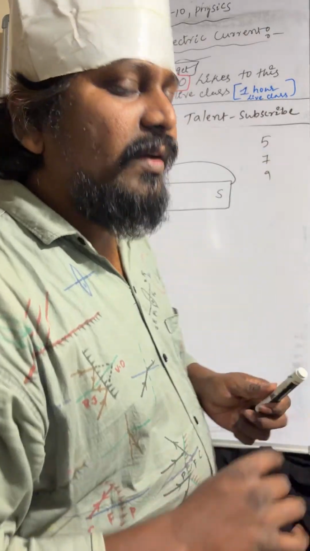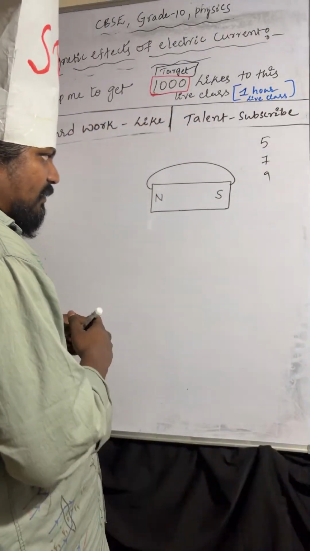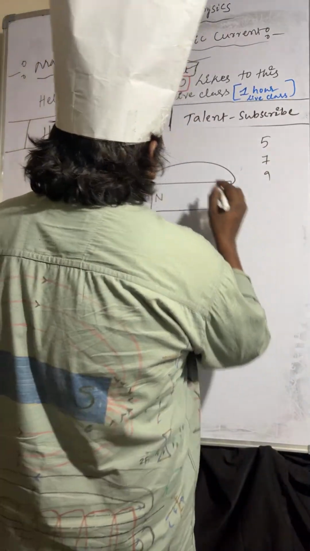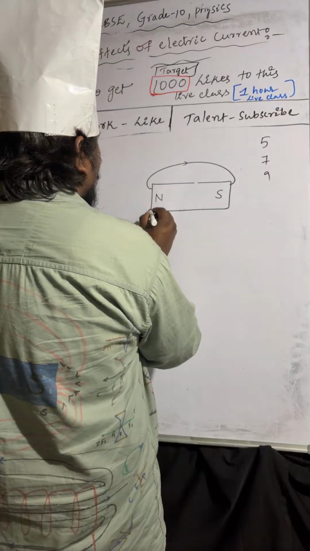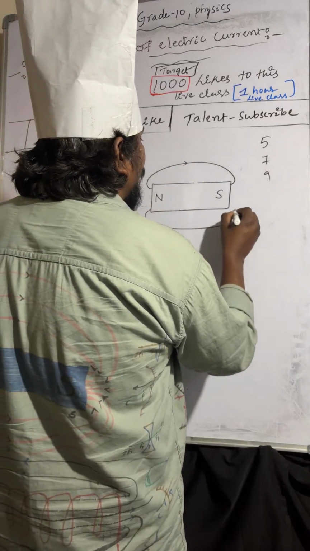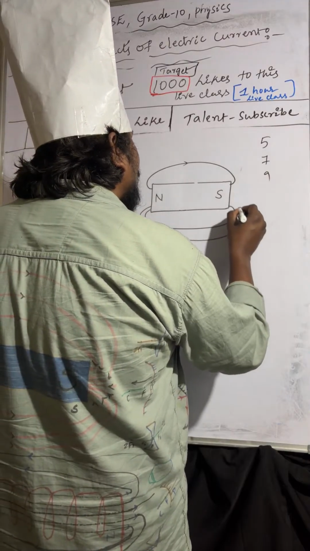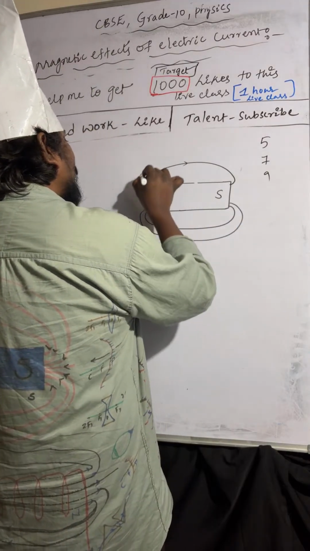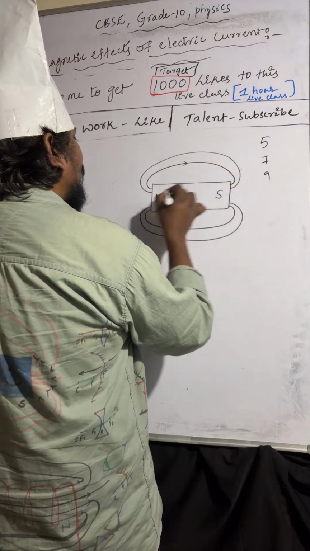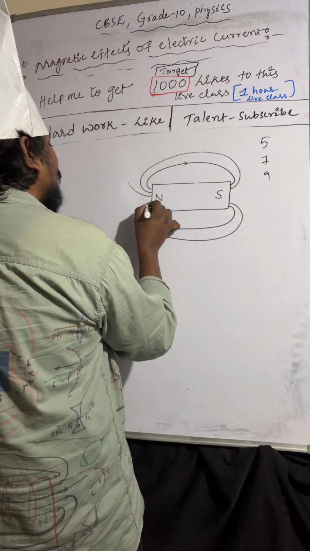So how to draw the diagram? I am taking north pole to south pole like this. I said 5 or 7 lines. You can take 2 lines here, 2 lines here, and 3 lines in the middle.